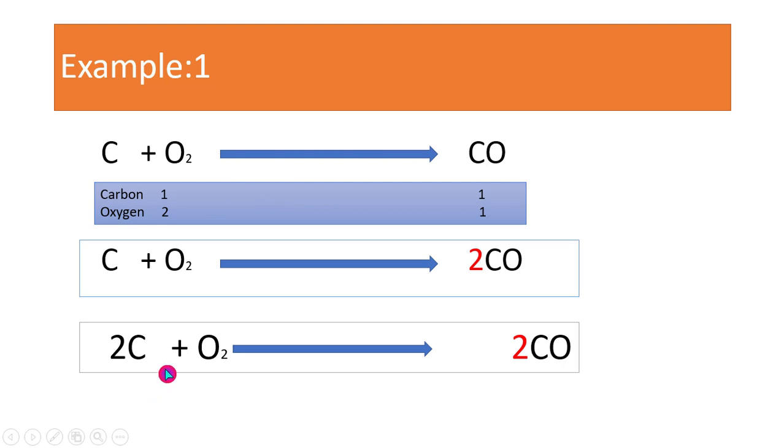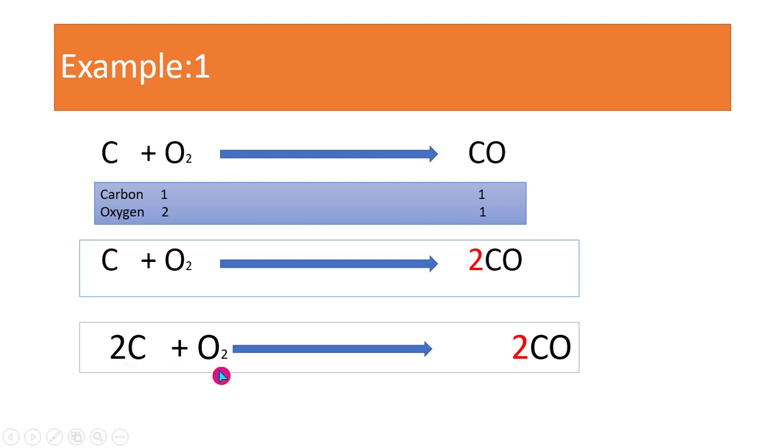And we see that the number of carbon atoms has become unequal. The number of carbon atoms in reactants is 1 and in products is 2. So we use the coefficient 2 at this position. Now, the carbon atoms have become equal. Hence, this equation is balanced.